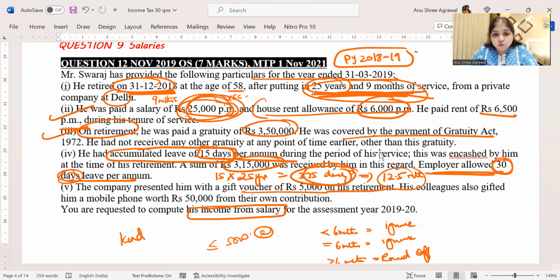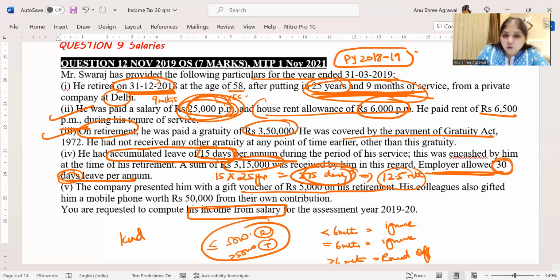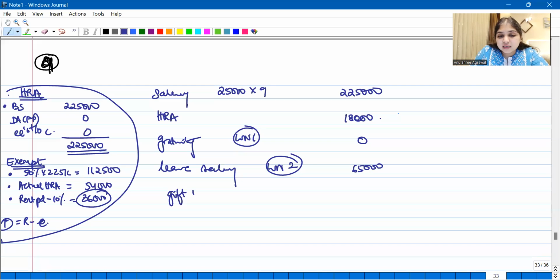They follow this view over here, that up to 5,000 exempt, beyond 5,000, it's going to be taxable. So that is why even we are going to follow this view. It is exactly 5,000. Therefore, the gift voucher, which is nothing but gift in kind, is going to be fully exempt because it is up to 5,000.